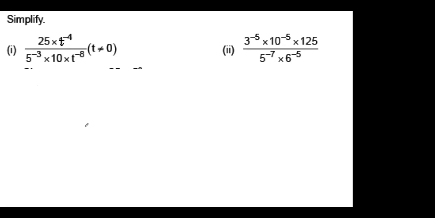Yeah, Farhana. You said we have to write 10 like 5 into 2. You can write 5 into 2 so that 5 cancels. You can write 5 square. I will just write it directly. 5 raised to 2 plus 3 into t raised to minus 4 plus 8.